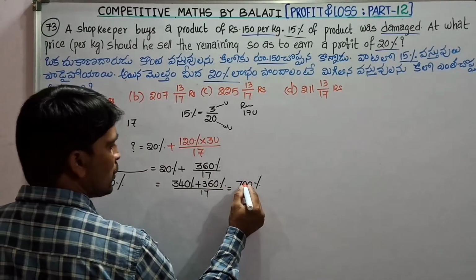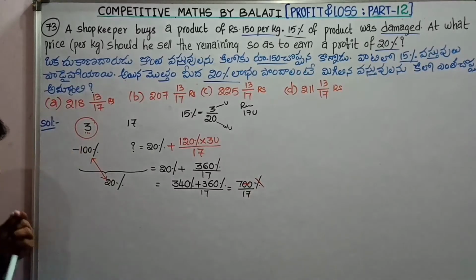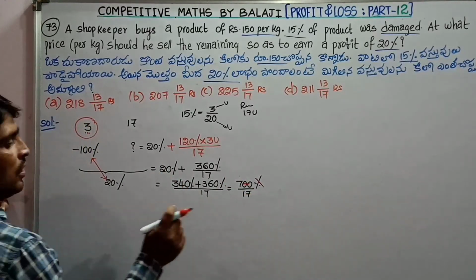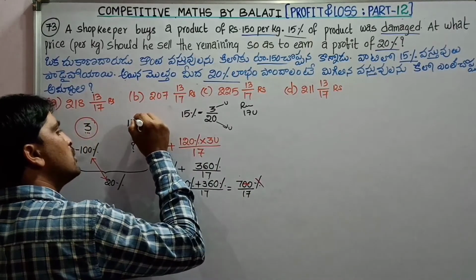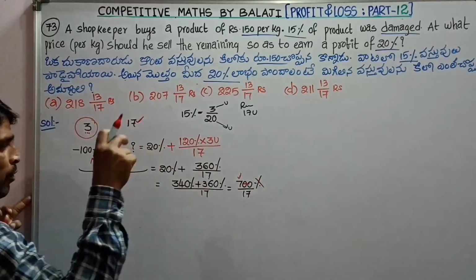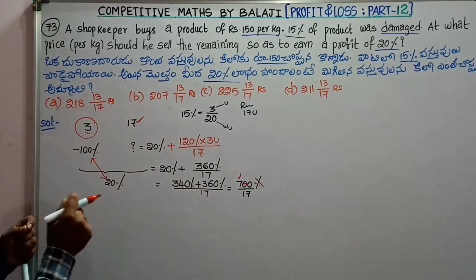Yes, the two zeros of the percentage get cancelled. We have to get profit 7 by 17. That is, out of 17 units of product, we have to get 7 units as profit.